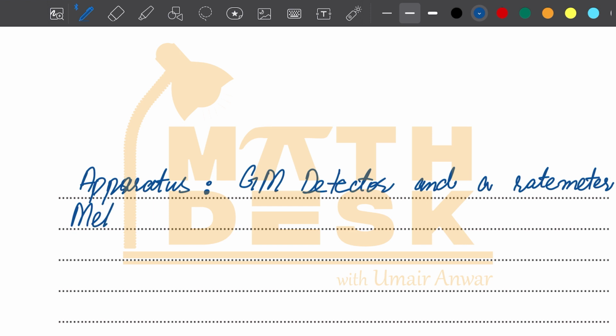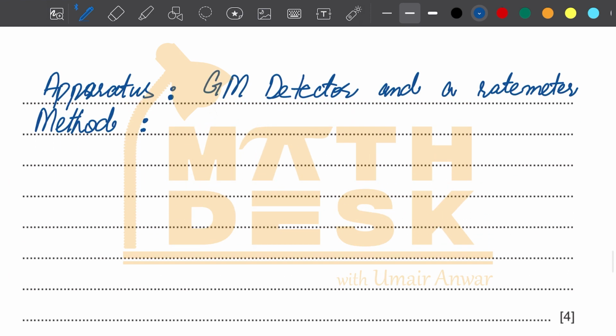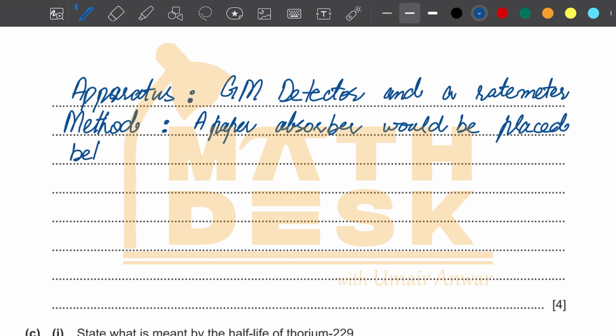The method that we would follow for the experiment to prove that alpha and beta particles are being emitted is that a paper absorber would be placed between the source and the detector.